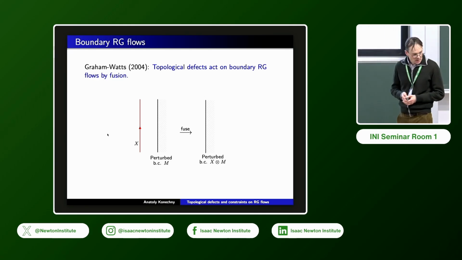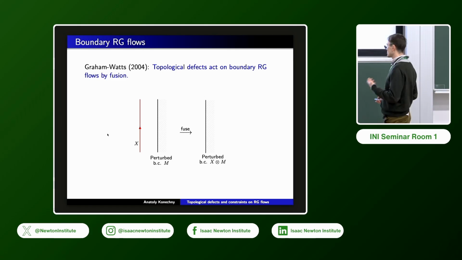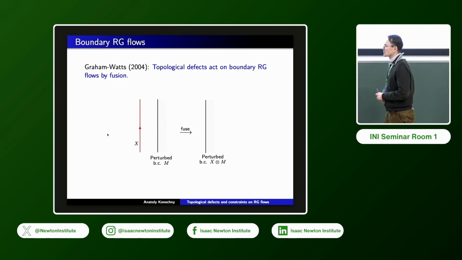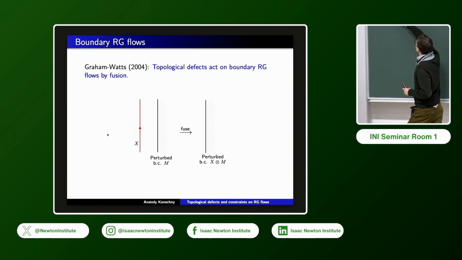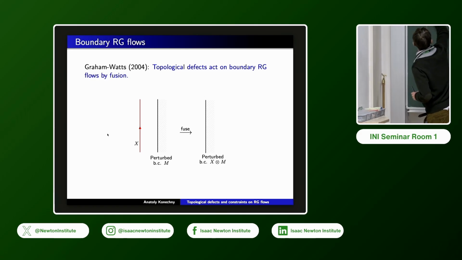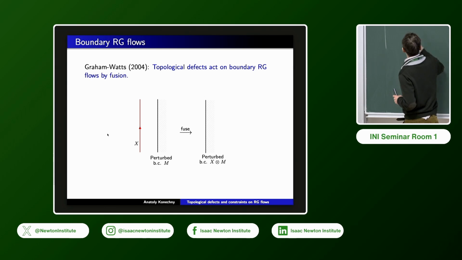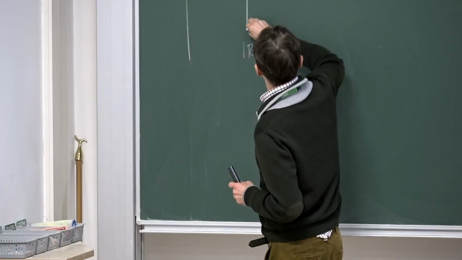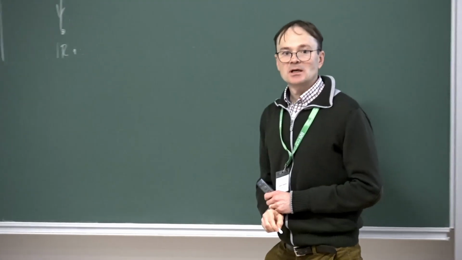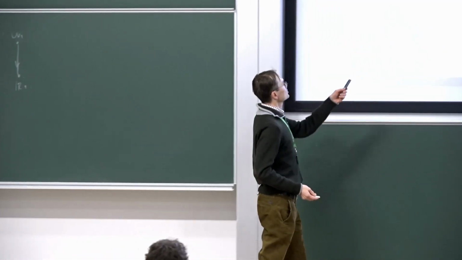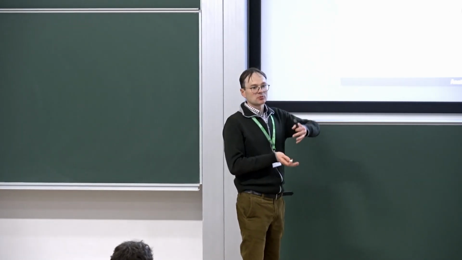And so this way you get a mapping from boundary RG flows to themselves, which has a rather nice structure. If we now use the g theorem, with g running vertically, and I have a boundary flow from some UV boundary condition to some IR boundary condition so that the g factor decreases, then if we fuse it, and if this X is not group-like, the boundary entropy will go up.